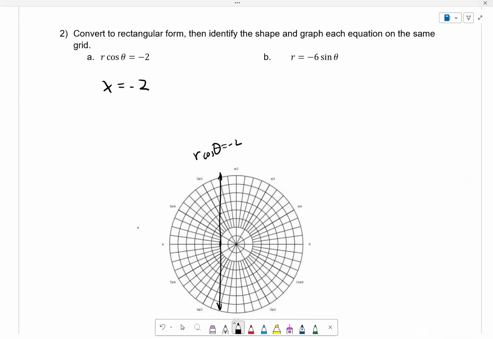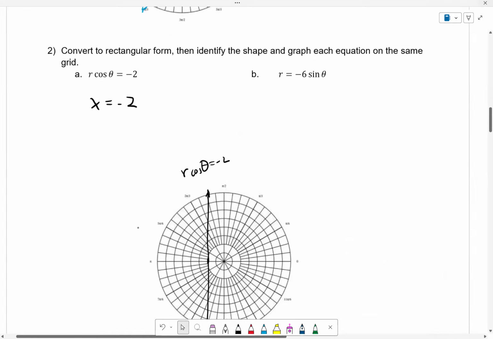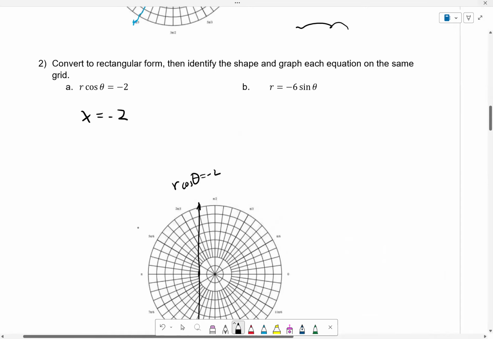For B, how can I change that to rectangular? It's a trick. Sine theta is nice, but wouldn't it be nice? Like this is our dream. Wouldn't it be nice if we had r sine theta? Could we have an r there?